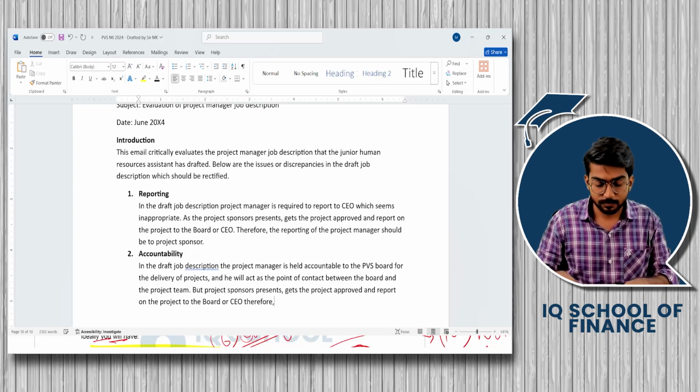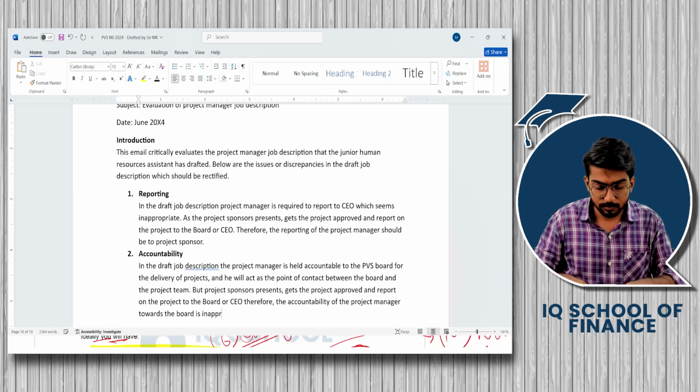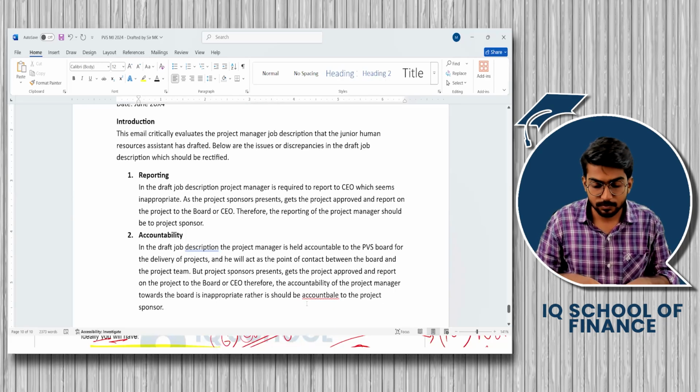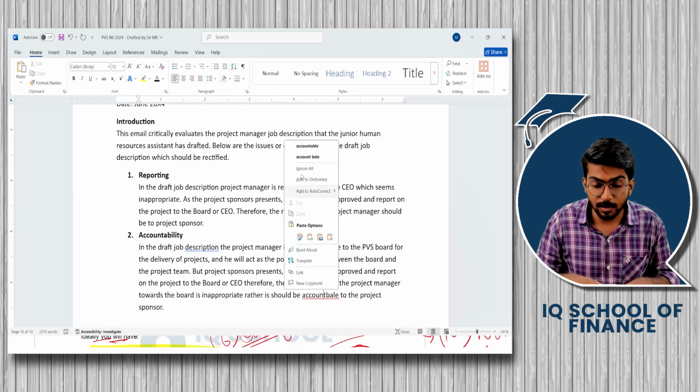Therefore, the accountability of the project manager towards the board is inappropriate. Rather, it should be accountable to the project sponsor. All right. Has anyone else drafted something?